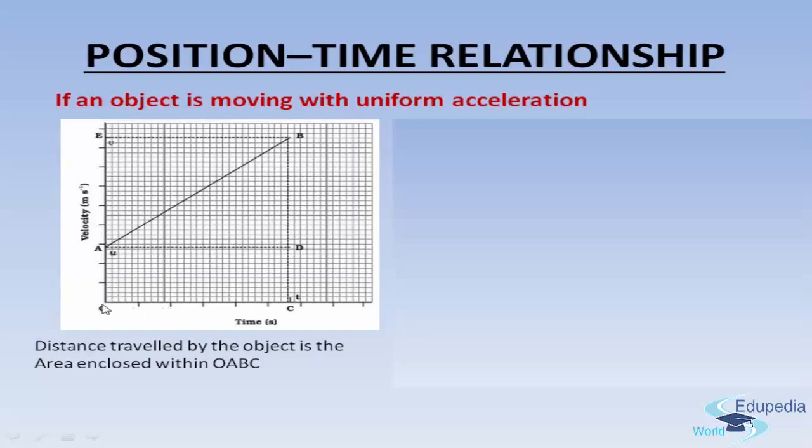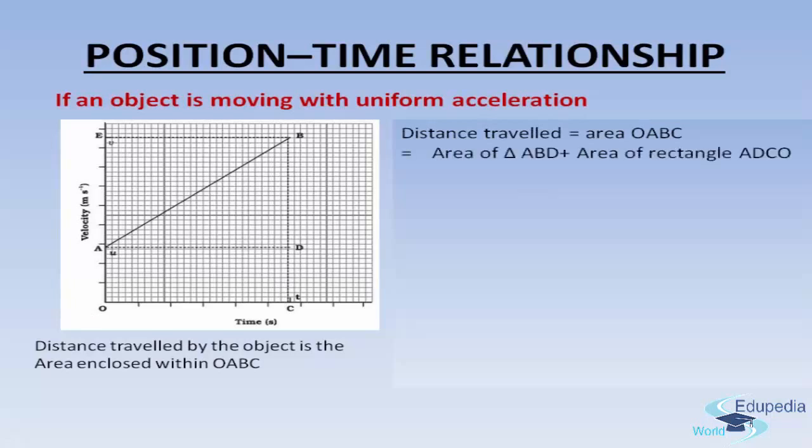Now this entire area OABC can be divided into two. That is, first is the area of this triangle, which is ABD, and secondly the area of the rectangle here, that is OADC. Now what is the area of this triangle, ABD? Area of triangle is half into the base, that is AD, into the height, BD.